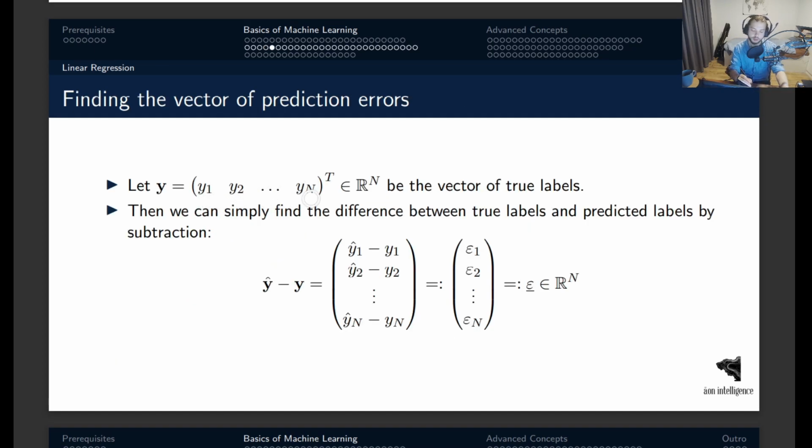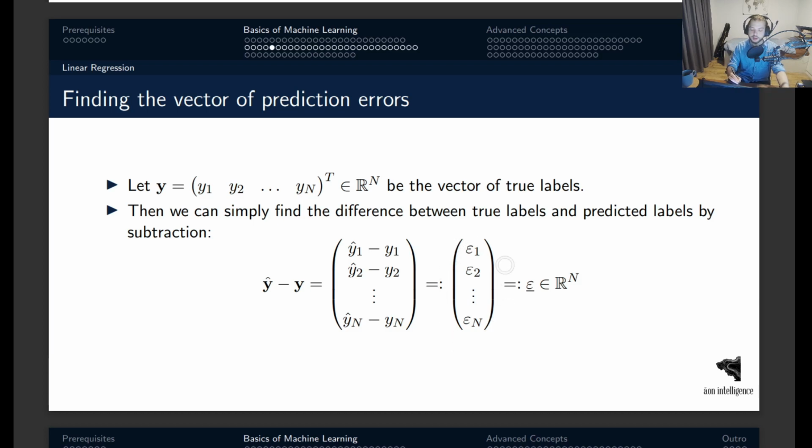And similarly to the predictions, which we all stacked into a column vector, we can do the same for the true labels that we have available. And of course, this object will also be of dimensionality n because we have capital N many true labels available. Now recall that for our model formulation, we have for each observation this epsilon term, which is the difference between our model prediction and a true label.